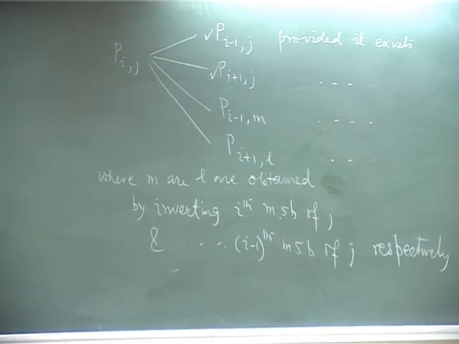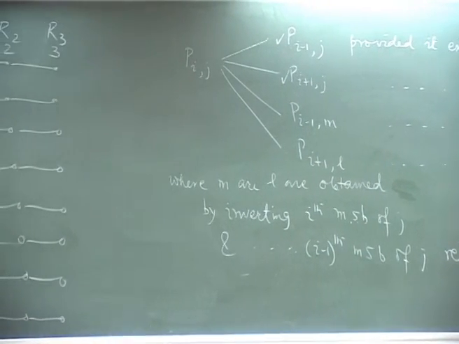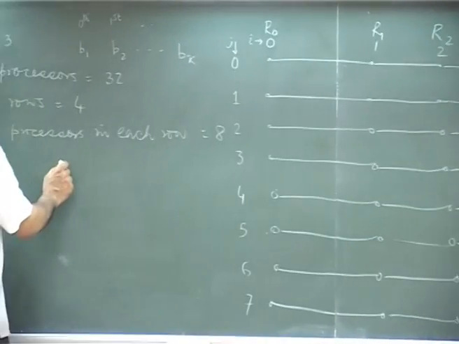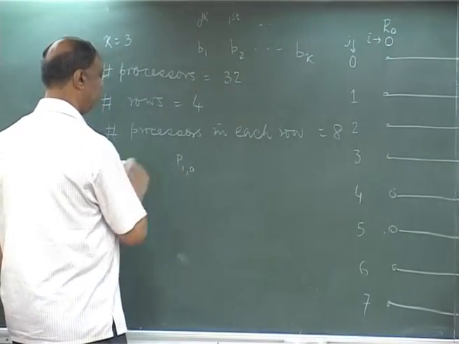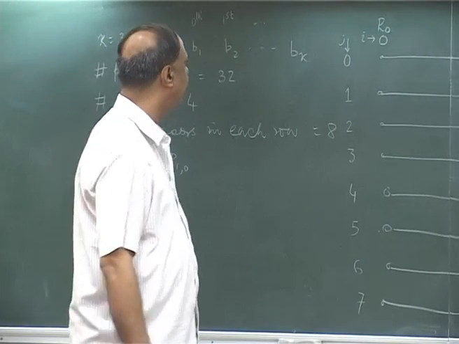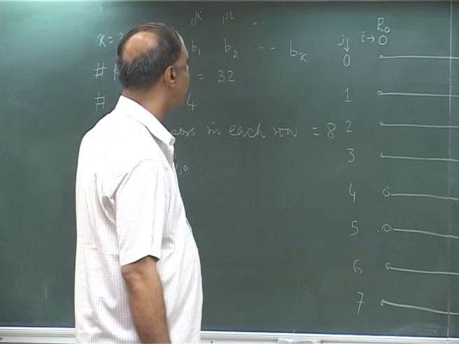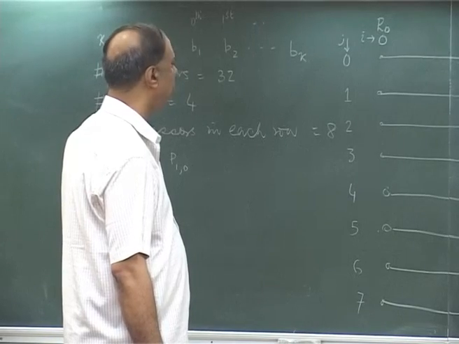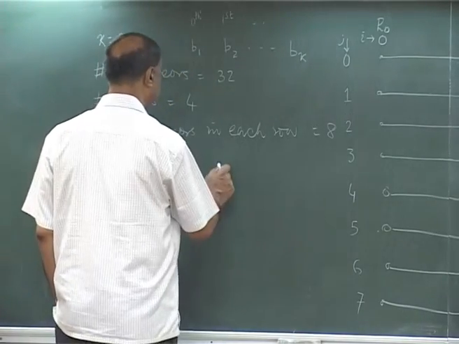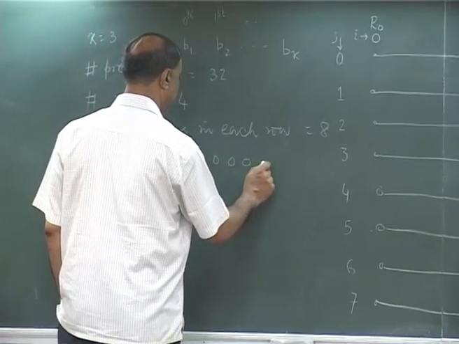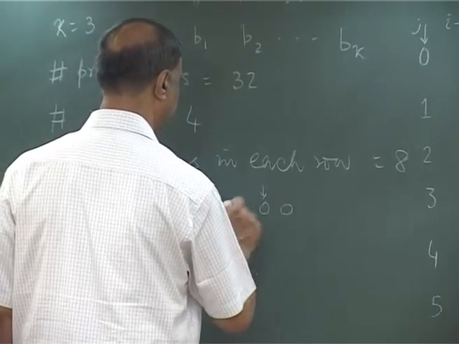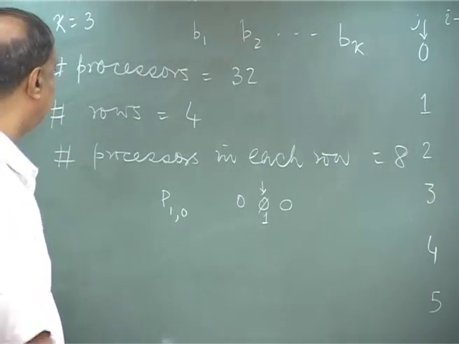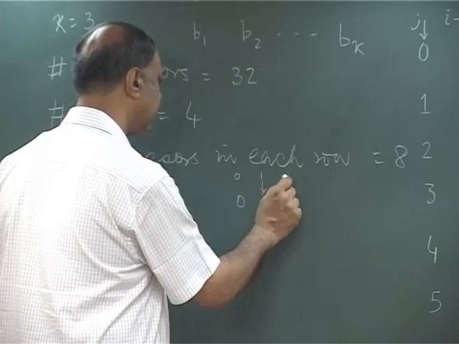Now think about row 1, say P10. By inverting, you will be getting 1, because this is the 0th bit, this is the first bit, this is the second bit.